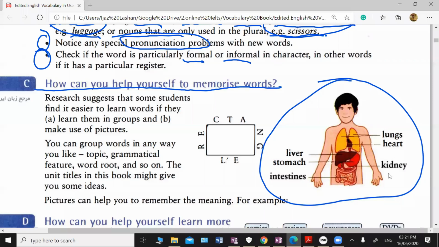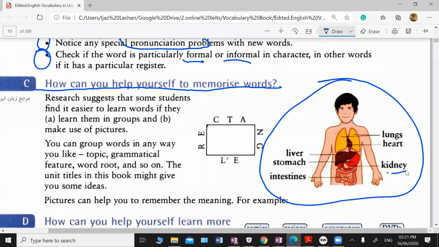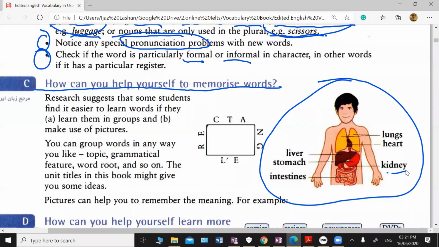So then we have kidneys. Kidneys are also in the lower part of our body, sitting on both sides, right and left, and they have a different kind of function. And then there is the small intestine and the large intestine. These are long pipe-like things which have their own functions, and the food travels from the esophagus to the stomach, and then it has some other functions.